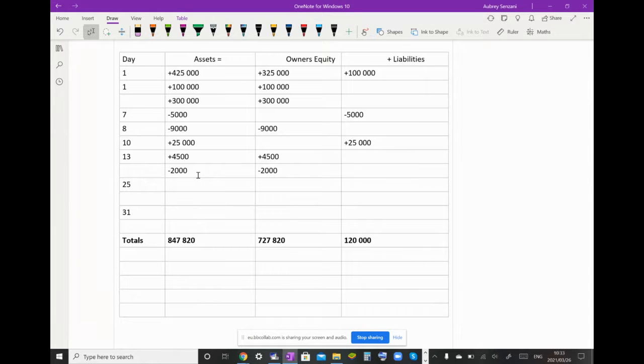On the 25th, it says, rendered services to a client for 10,000. The client paid 4,000 upfront and will pay the balance in 6 equal monthly installments starting 1 November 2007. No interest will accrue to the client's account.